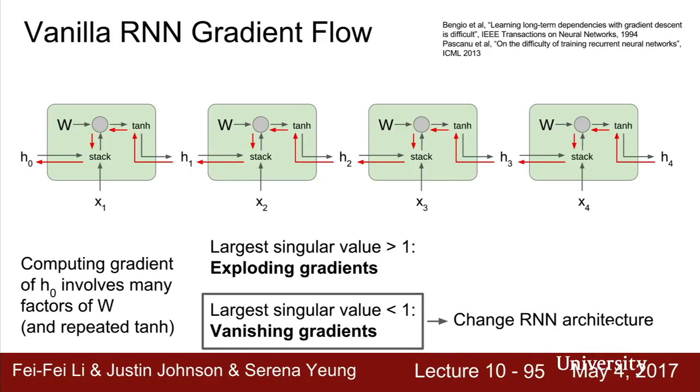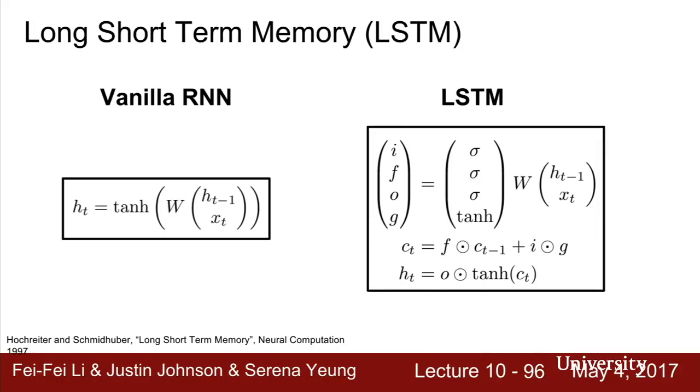For the vanishing gradient problem, we typically need to move to a more complicated RNN architecture. That motivates the idea of an LSTM, which stands for long short-term memory. It is a slightly fancier recurrence relation for recurrent neural networks that is really designed to help alleviate this problem of vanishing and exploding gradients.